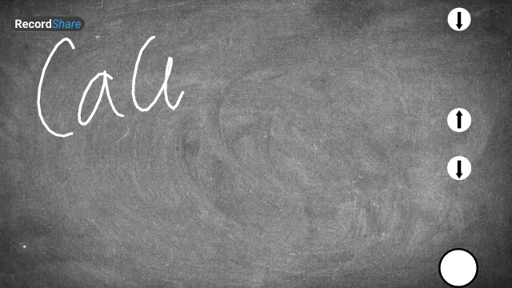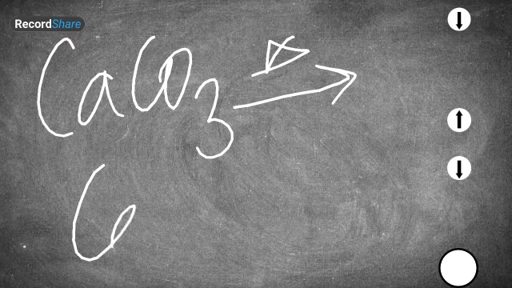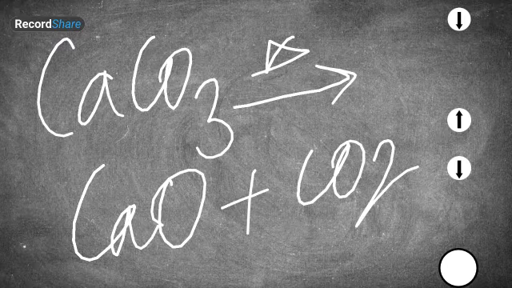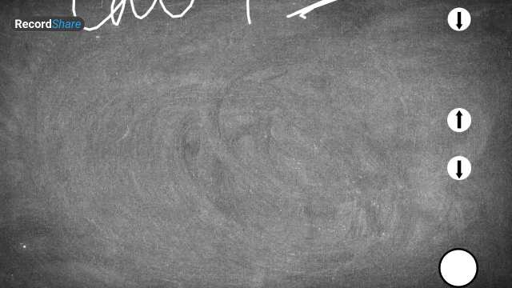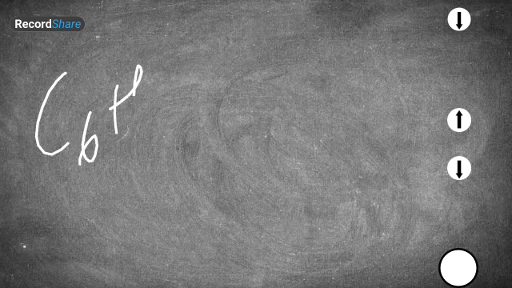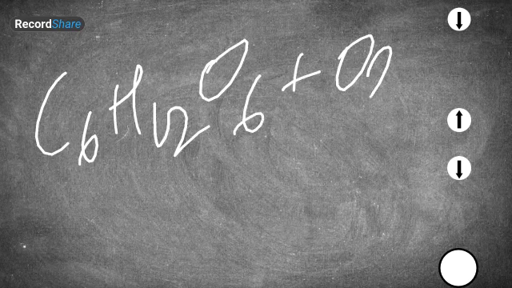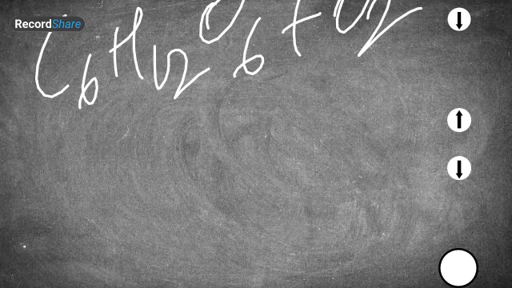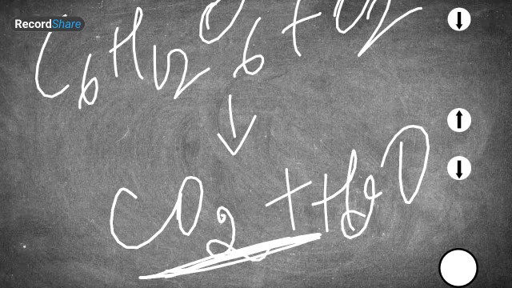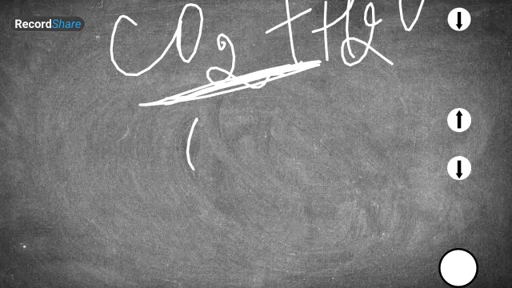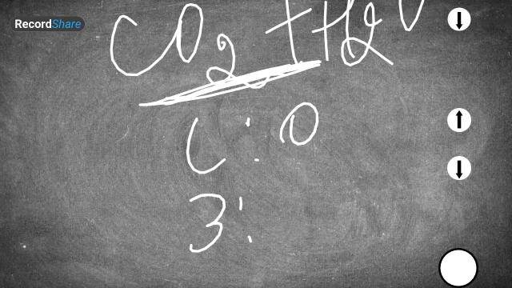Like if we heat calcium carbonate, then we will get calcium oxide plus CO2. Or in the case of respiration, breakdown of glucose in the presence of oxygen, we will get CO2 plus H2O. In both cases, the preparation method is different, but the ratio of carbon to oxygen still remains the same, that is 3:8. So this is the second law.